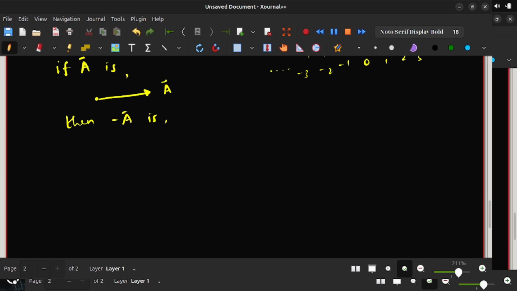It will be in the opposite direction. That negative sign basically tells me the opposite direction. This is minus A vector. Okay. So the direction is exactly opposite to A vector.